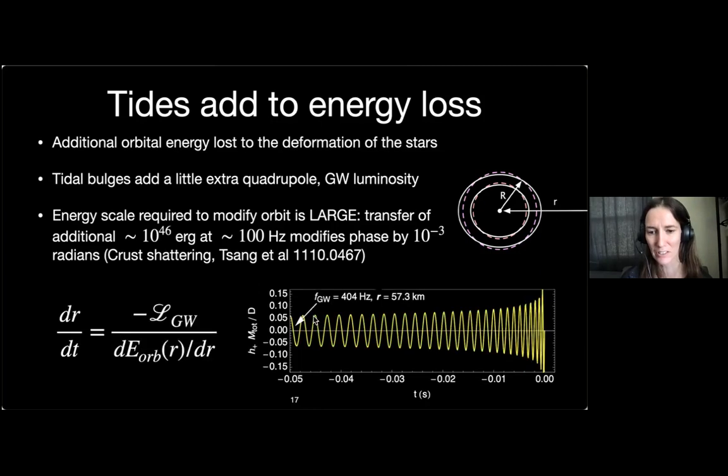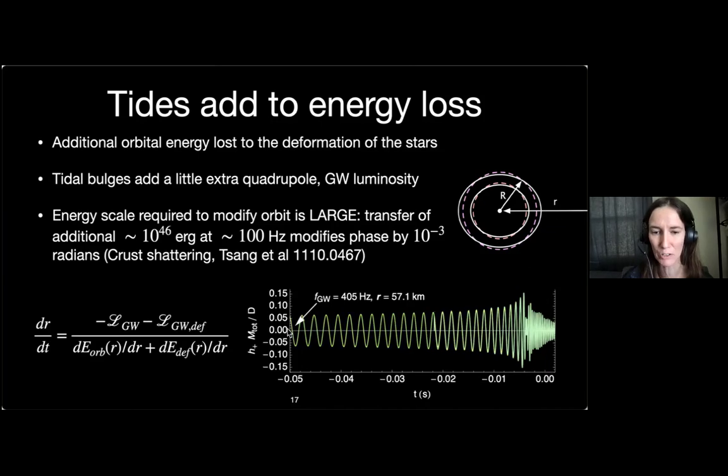So this is a fairly subtle effect, but it accumulates over many, many orbits, which is what we attempt to discern when we come to the parameter estimation a little bit here. One note is that, as you might see here, the energy scale required to compete with the gravitational wave luminosity is large.